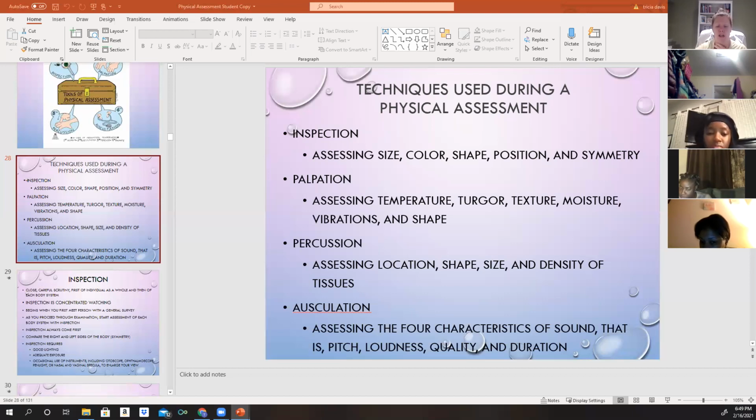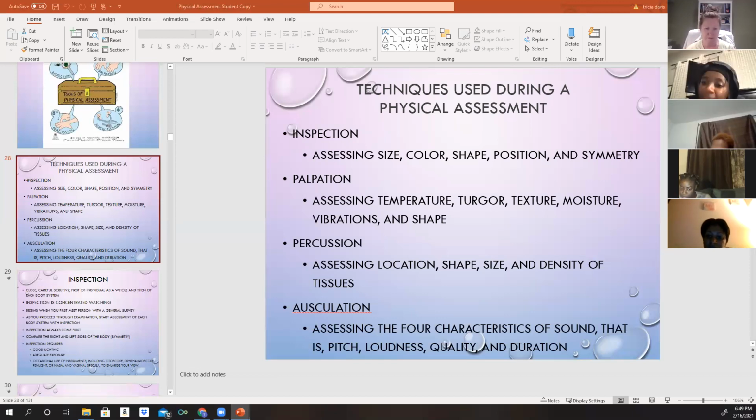So if you are doing an assessment and you're inspecting a patient, and you notice that they have a respiratory rate of 22, is that objective data or subjective data? Objective. Very good. Dressing is clean, dry, and intact.